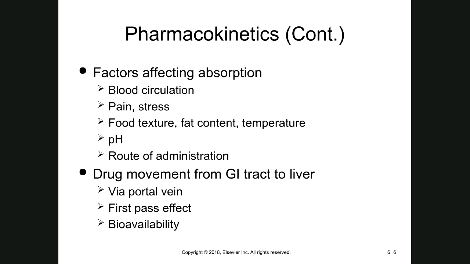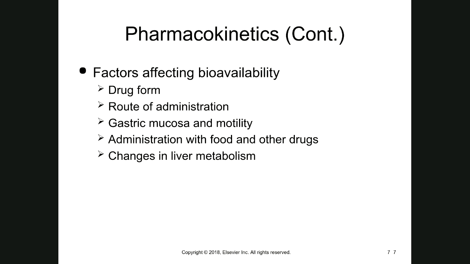So here you see we also look at the factors affecting bioavailability: the drug form, route of administration, the gastric mucosa, and the motility, and administration with food and other drugs.